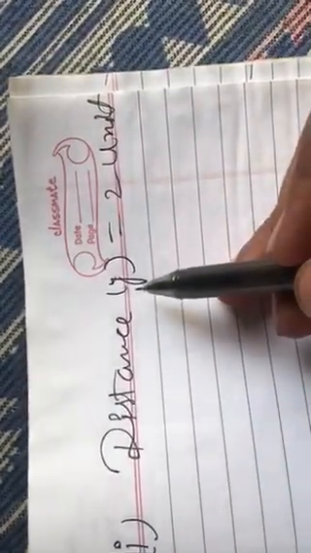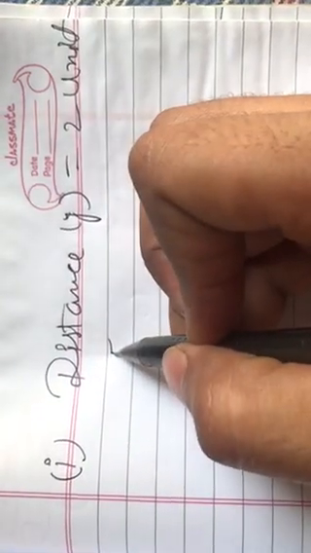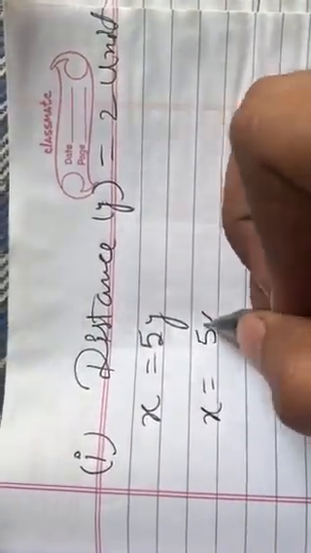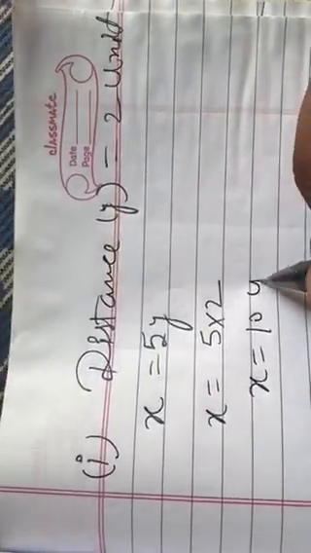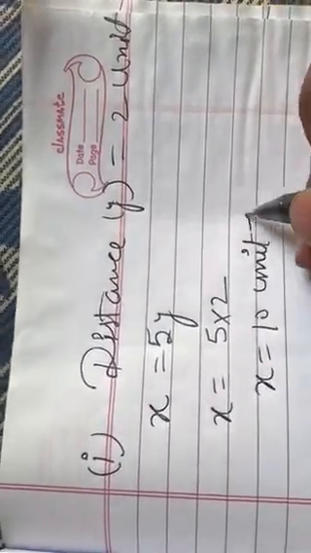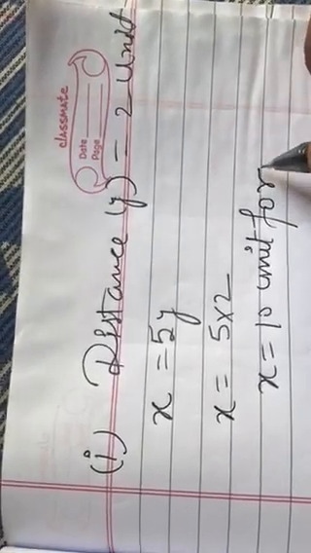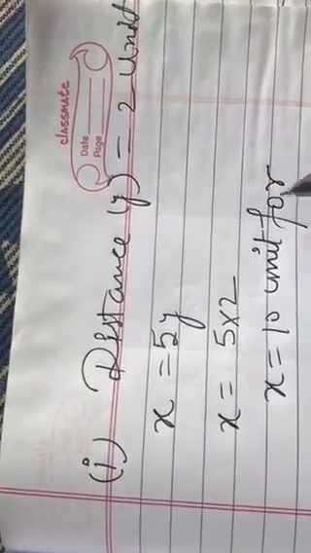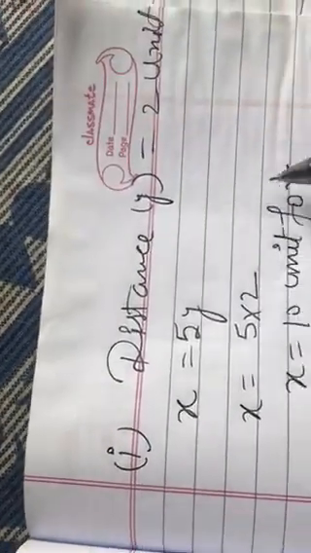So put the value y = 2 in the equation. This is the equation we got. Put the value of y as 2 in it. x = 5 multiplied by 2, that means x = 10. So 10 units is the force, right? 10 units, not force, it is work.